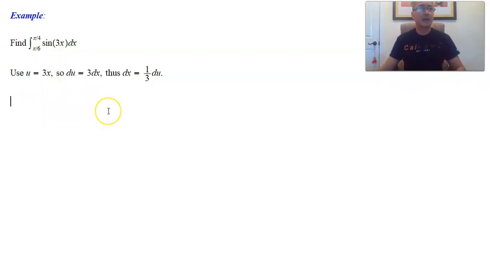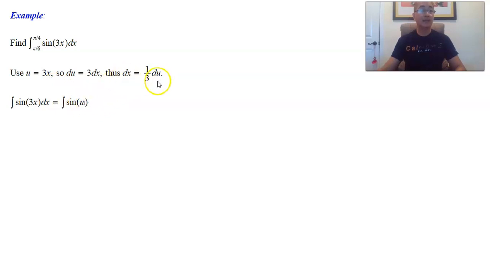So what have we got there? First we will find an antiderivative for sine of 3x. So we will start with the indefinite integral. Based on our u substitution, sine of 3x is now sine of u because our 3x is our u.